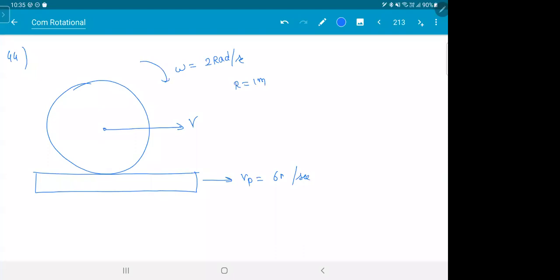Make it 6 meters per second. Find V. There is no slipping. Get it? So you have a cylinder on a plank. There is no slipping. Omega given, R given, and Vp is given. You have to find the velocity of the cylinder, meaning the velocity of the center of the cylinder.